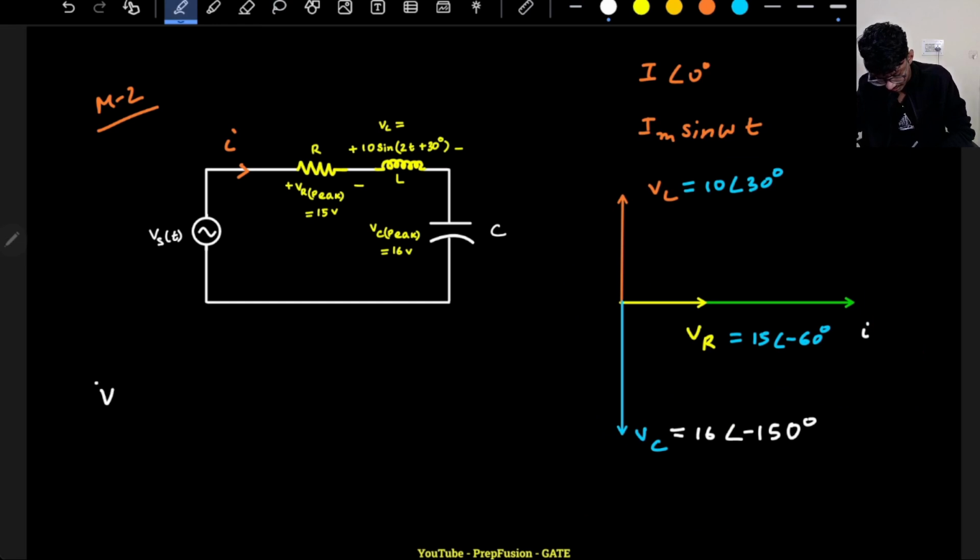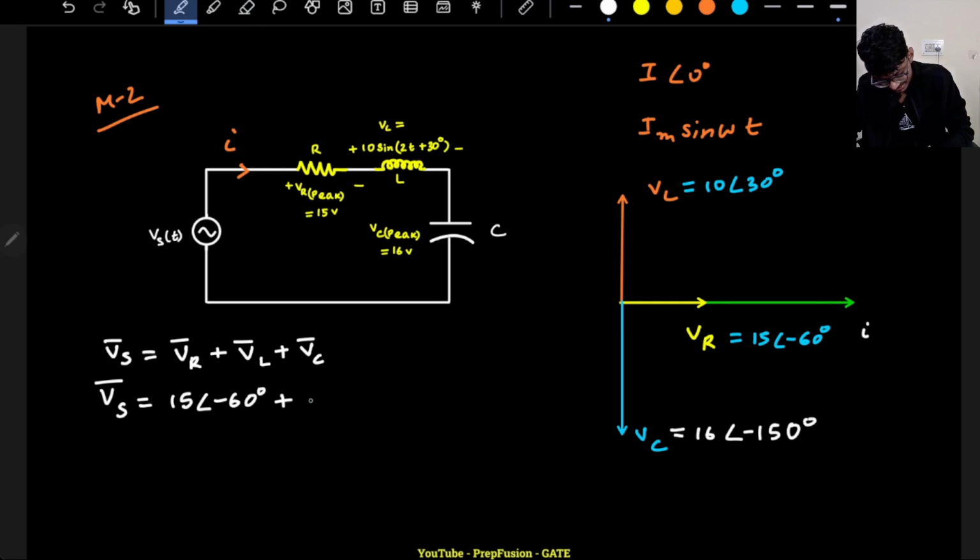So my Vs will be equal to VR plus VL plus VC.